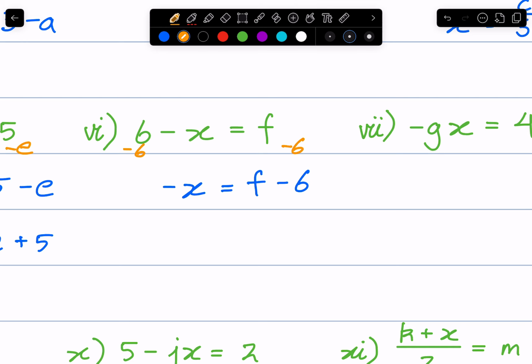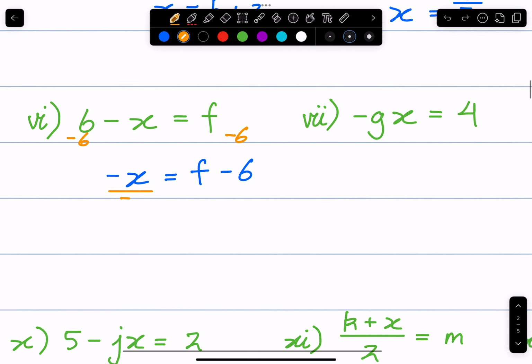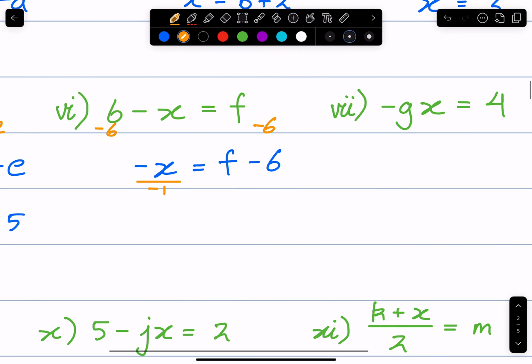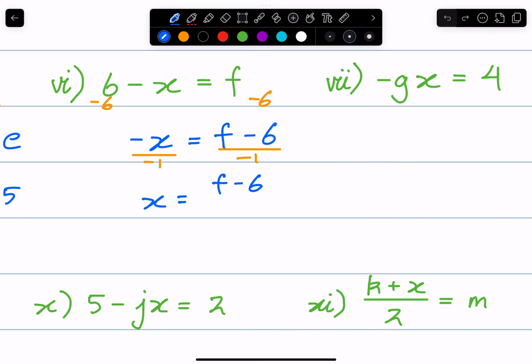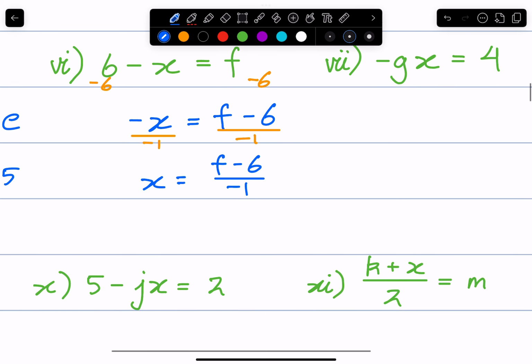So we would have to divide by negative 1. So we're going to divide everything on the right-hand side by negative 1. This leaves us with x on its own. Now, you might be tempted to write it like this. However, a more correct way of doing this would be the following.